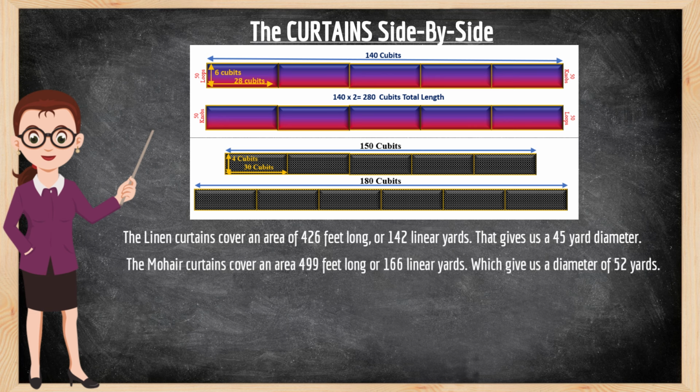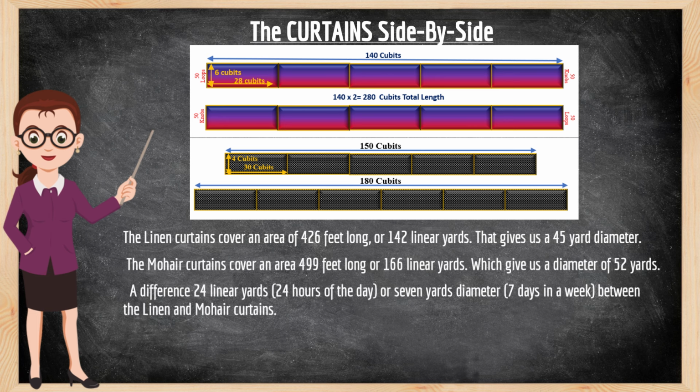And the mohair curtains cover an area of 499 feet long, or 166 linear yards, not diameter, but linear yards, which then gives us the diameter of 52 yards, a difference of 24 linear yards, or 7 yards diameter. 24 hours of the day, 7 days a week. This is the difference between the linen and mohair curtains.